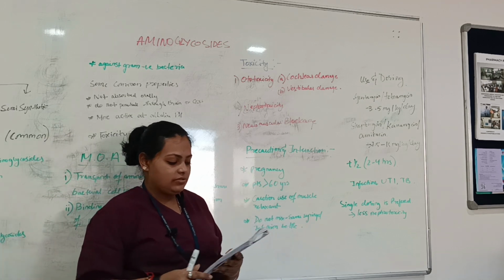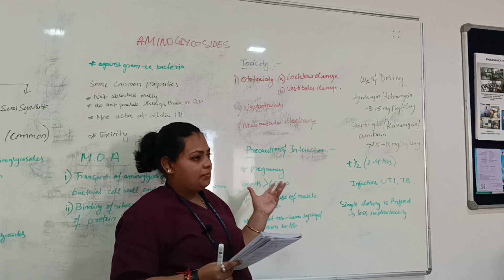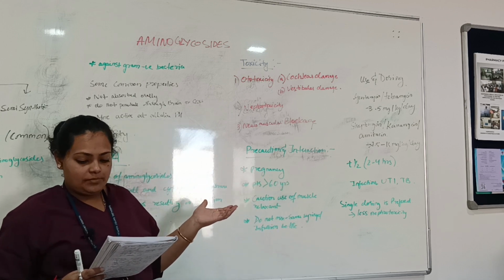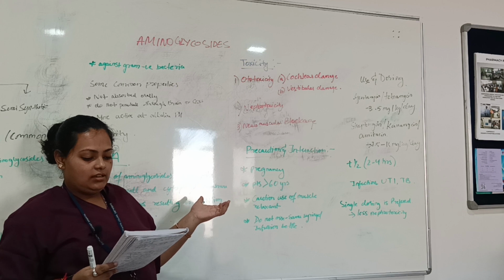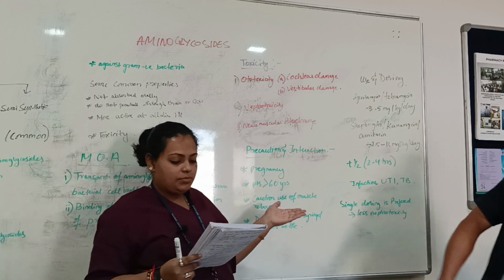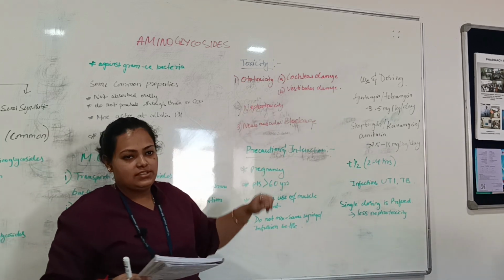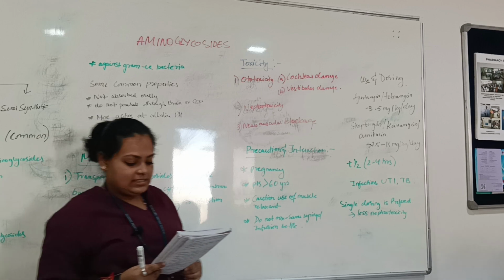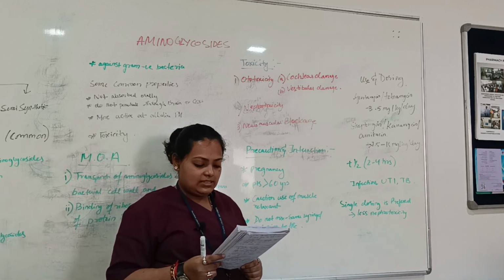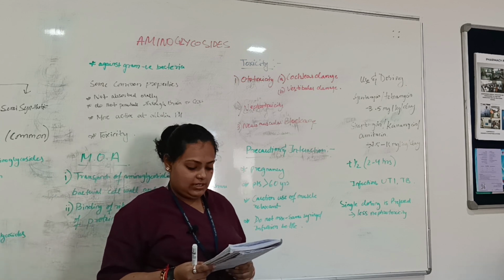If the patient has some renal or kidney problem, it is better to discontinue the drug because it is reversible in the case of nephrotoxicity. For example, streptomycin and tobramycin are less nephrotoxic than the other aminoglycosides.